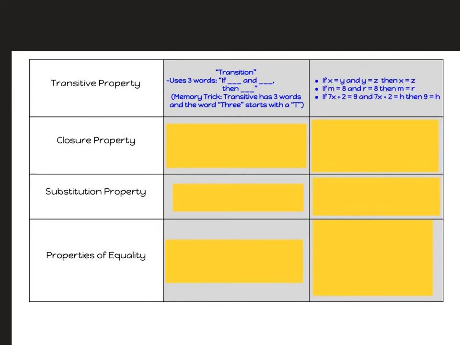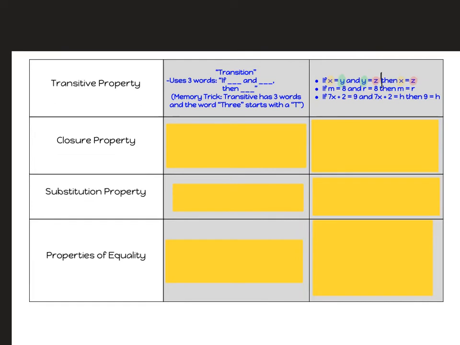Okay, if x equals y and y equals z, then x equals z. Okay, so let's color code this real quick. I'm going to use some highlighters. I'm going to make the x's yellow, and I know that yellow is a little hard to see. I'm going to make the y's green, and then I'm going to make the z's red. Okay, and then we're going to look to the left of the word then.